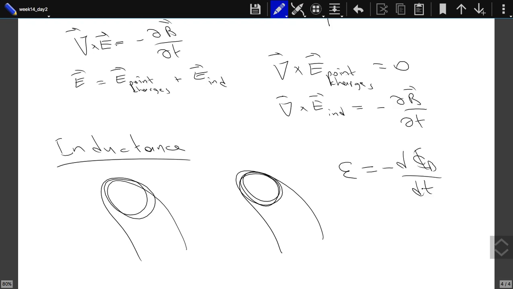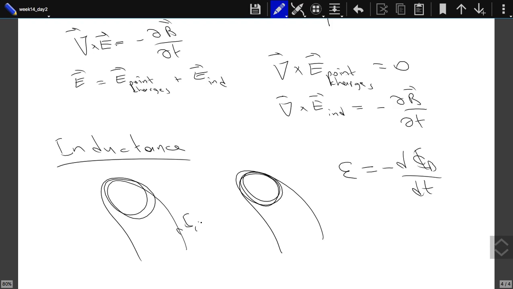If you change the current over here, the flux over here will also be changing. So it would be interesting to study how the flux passing through my right second circuit depends on the current running through my first circuit.